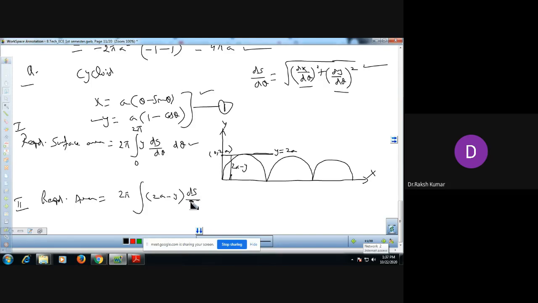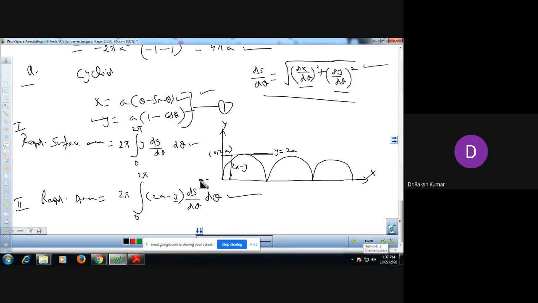And for ds, we can write ds over d theta into d theta because the curves are in terms of theta. Now you can substitute the value of y and ds over d theta from this and get the answer by integrating it. So again, the limits of integration will be 0 to 2 pi. So by integrating these two integrals, you will be able to find out the required surface areas of the given cycloid.